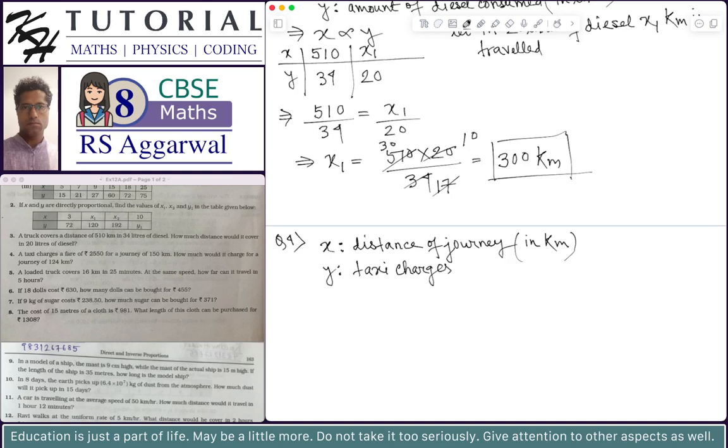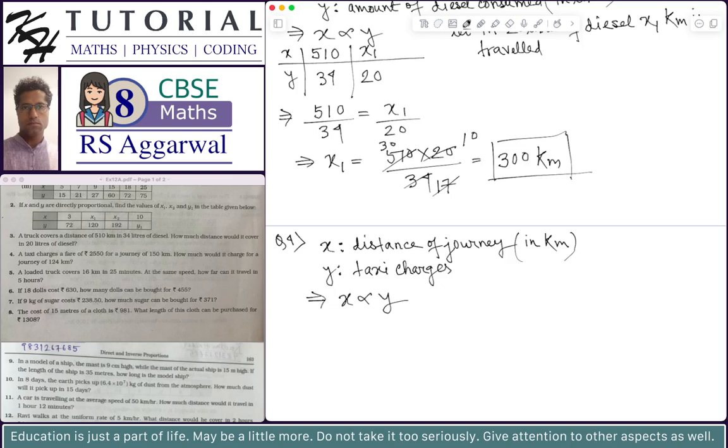Definitely we can see that the more the distance of the journey is, the more will be the taxi charges. So from common sense, we can say that x and y will vary directly. That is, they are in direct variation.